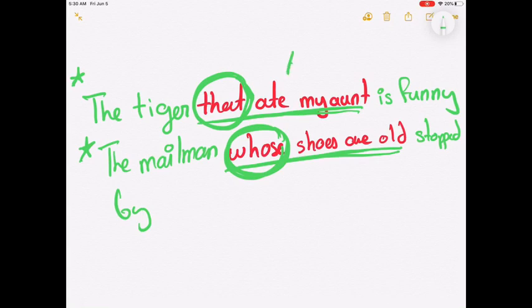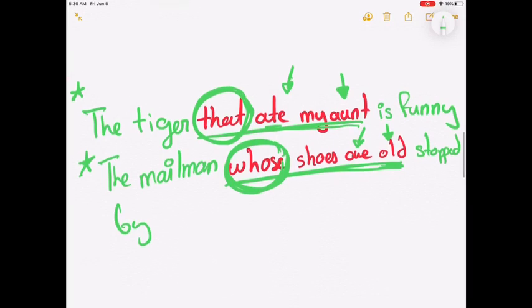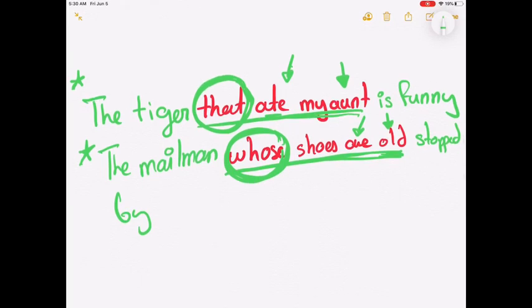We also have a verb, and we have the object of that verb. In the tiger that ate my aunt is the one who was eaten. And in the mailman whose shoes are old, here is the object. So in both cases, we have the relative pronoun, we have a verb, and we have an object.